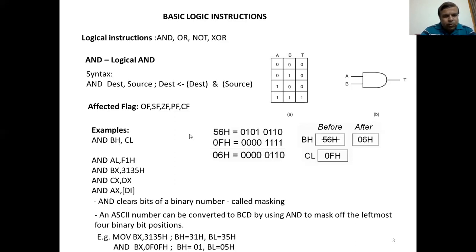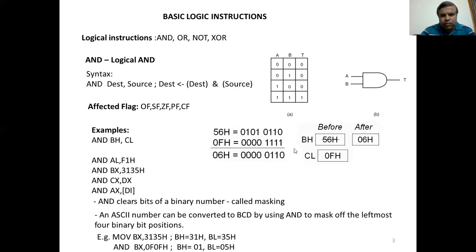To illustrate, let us assume that the content of BH register is equal to 56. So we will write the binary equivalent of this number. 56 is 0101 0110.